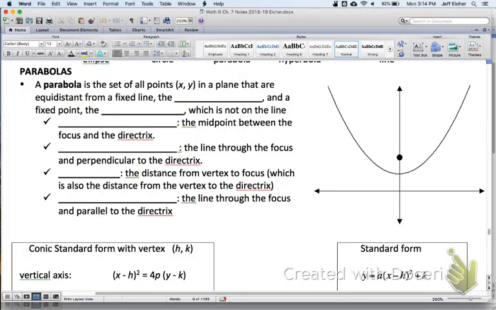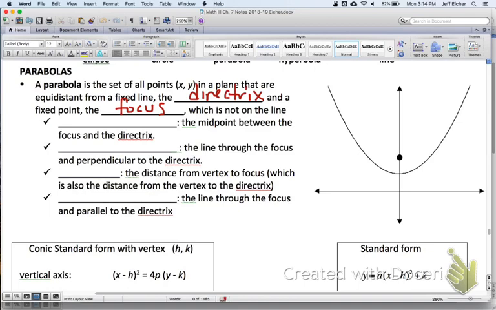So a parabola is the set of all points (x, y) in a plane that are equidistant from a fixed line. That fixed line is the directrix, and a fixed point called the focus. The focus is not on the parabola, and it's not on the directrix.